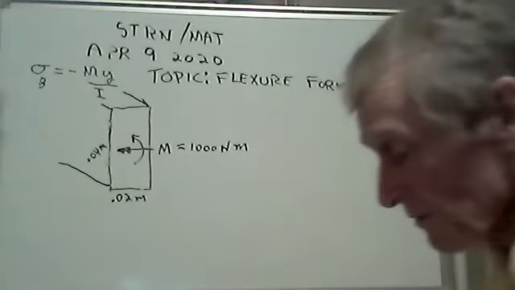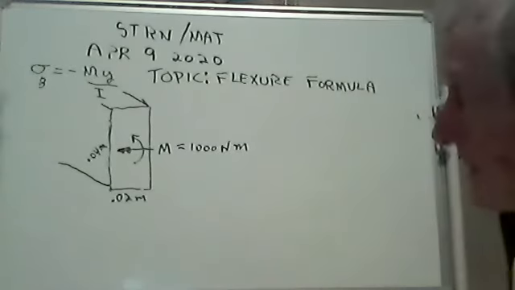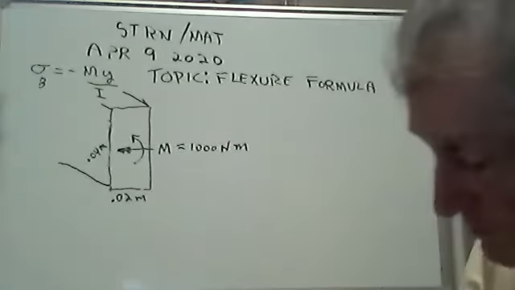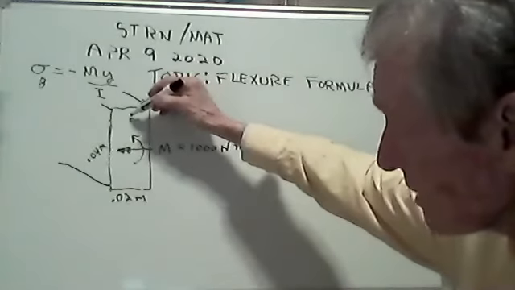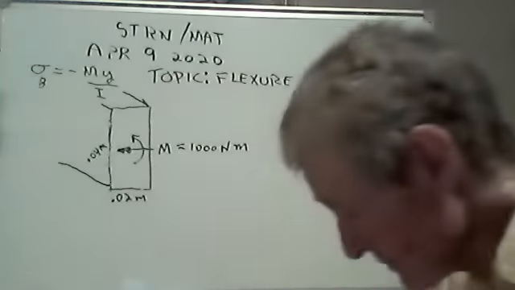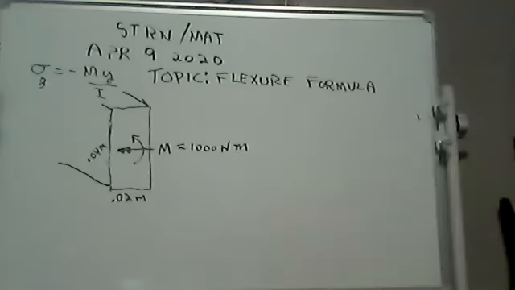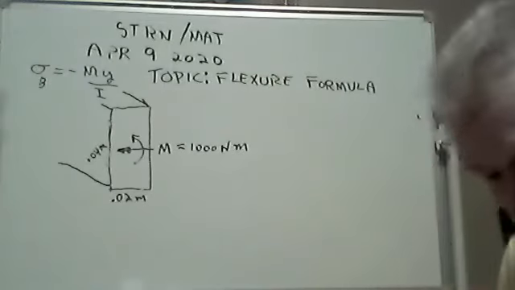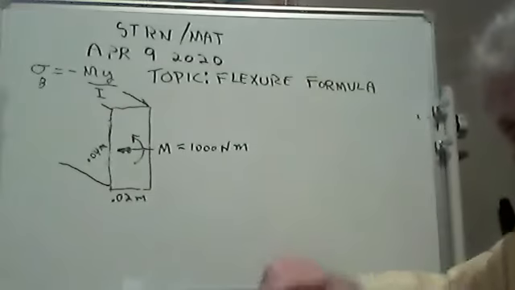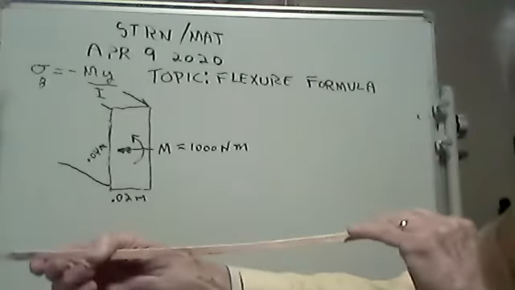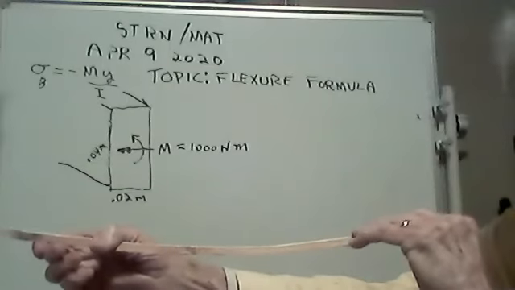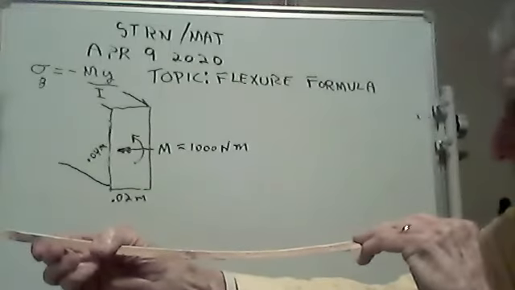But see, if this was a beam and it was sagging, can you see that you'd have compression on the top? I don't know if everybody saw this. Before everybody tuned in, I took this board here and see it's sagging and you have compression on the top.